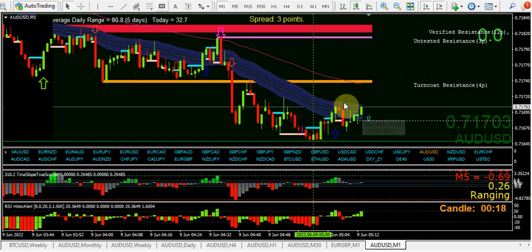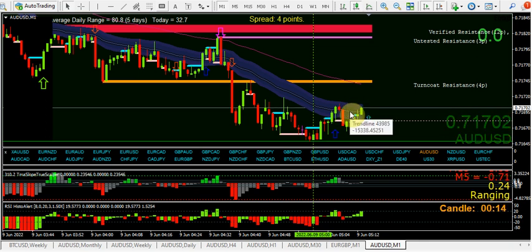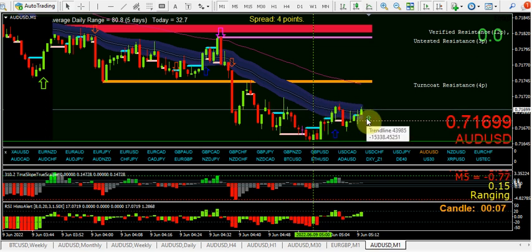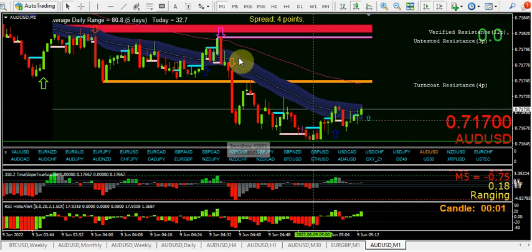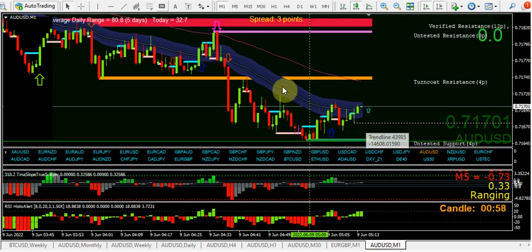So here we go. This is still doing what I expected it to do based on that 4-hour chart, and that would have been a winning trade for me, but I wouldn't have chosen AUD USD out of choice. Let's see if any of the other gold would potentially move the same way.